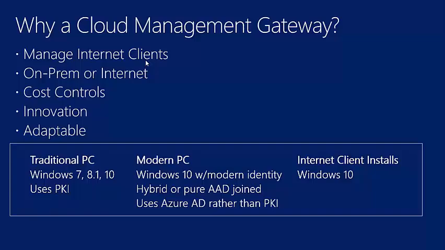Okay. There is a cost associated with the Cloud Management Gateway. It is a cloud service, right? So we want to help you control those costs and have levers you can pull. Some of those levers include client settings, which you'll see, where you can determine which clients are able to access the Cloud Management Gateway.